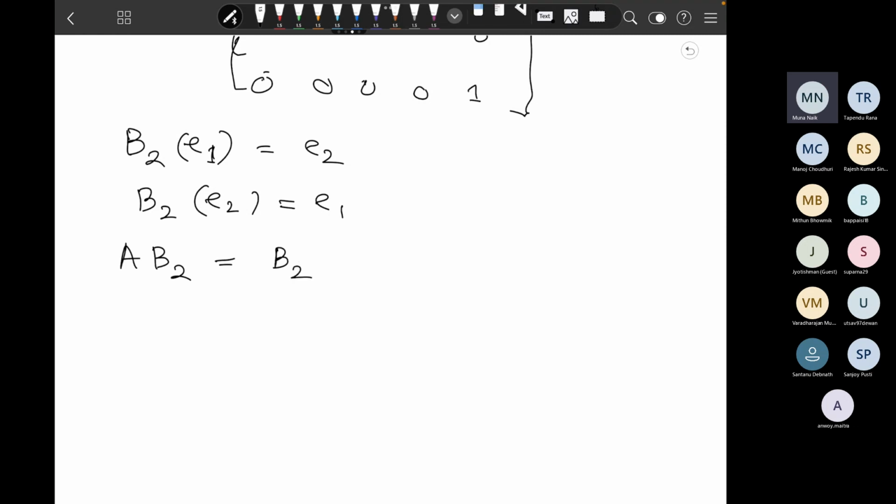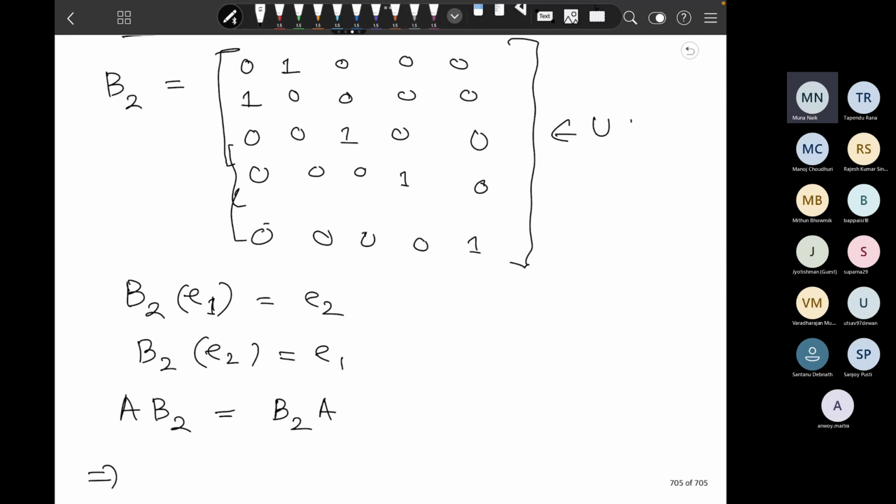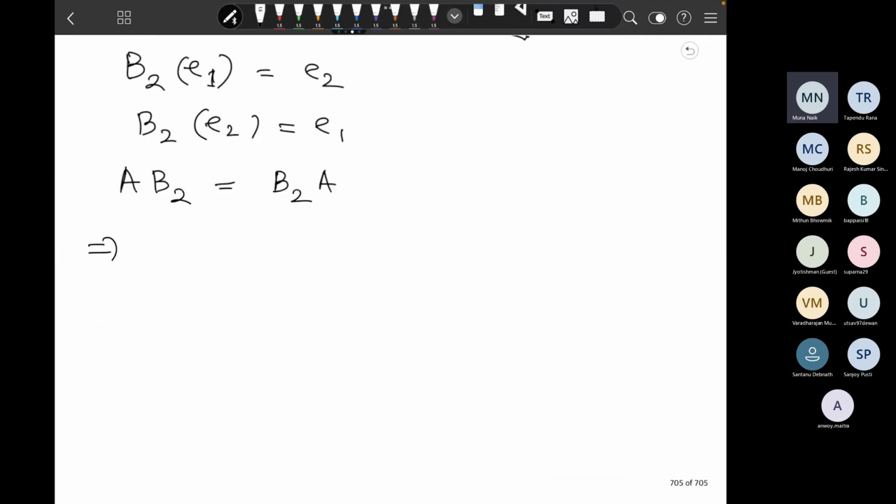is equal to B2A. Okay, clearly this belongs to UN, because this belongs to ON and ON is a subset of UN. So AB2 is equal to B2A.